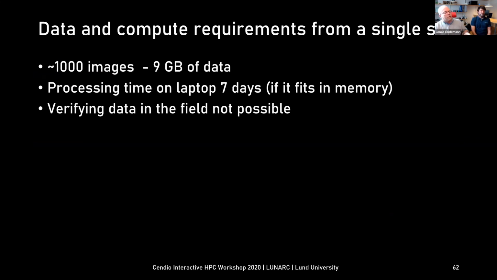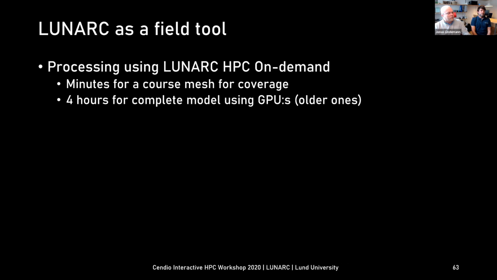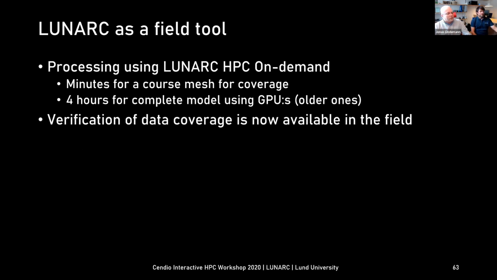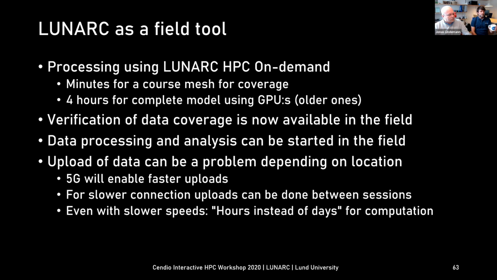That they can do now by accessing the LUNARC resources. Using the on-demand desktop, a coverage check takes just minutes, and they can do the complete model in 4 hours, before they are leaving the site. So hours instead of days. That is one of the keys here.